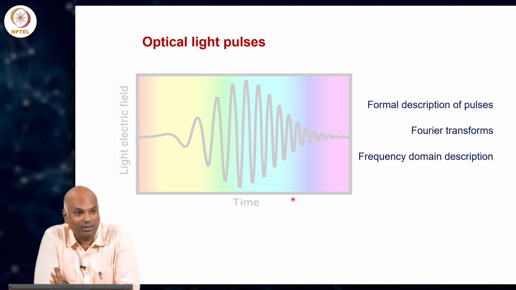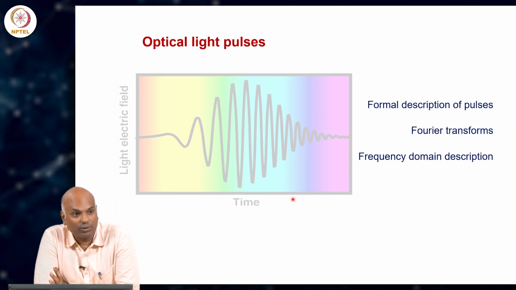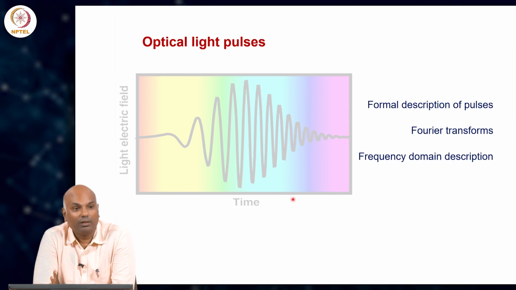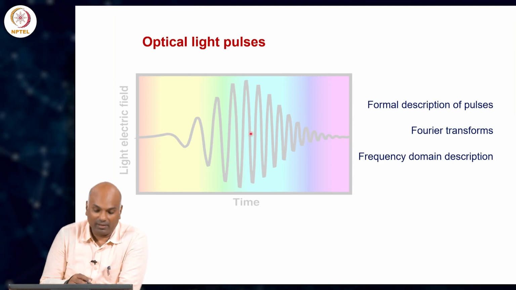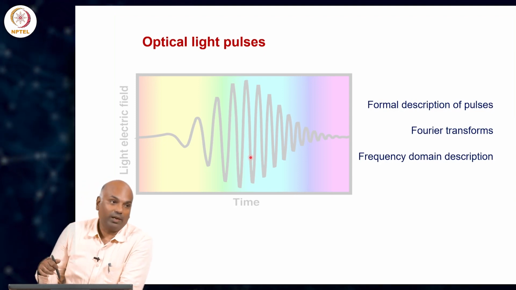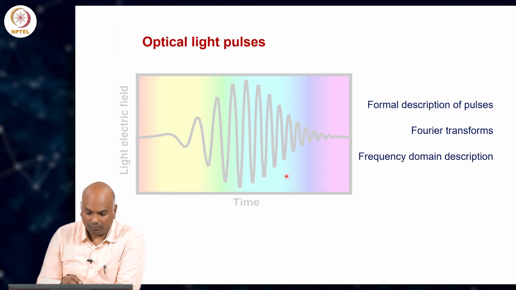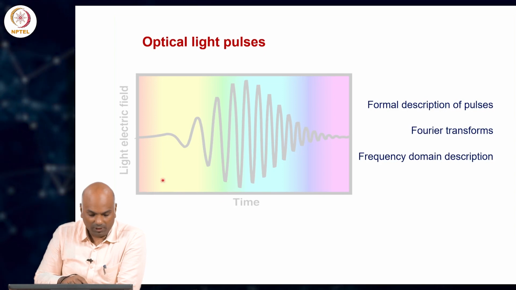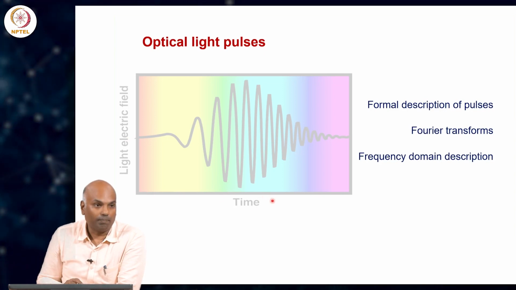Many of the advanced lasers that we have use a Faraday isolator, which is essentially something which exploits the magnetic field and acts on laser beams through that. We will have a chance to see about that, but typically in the discussion which follows, it is the electric field as a function of time.